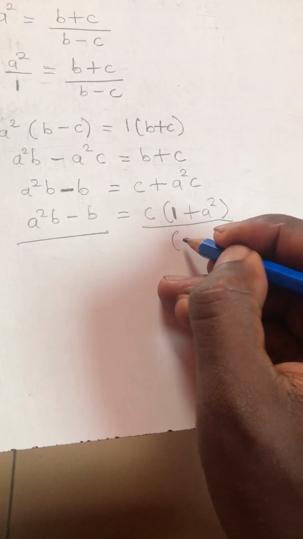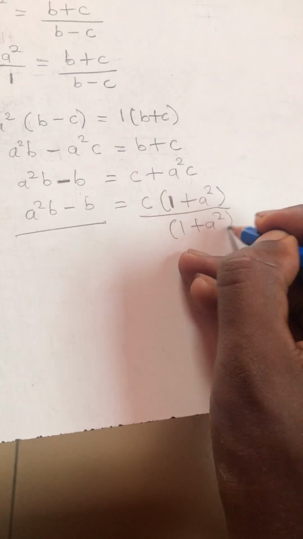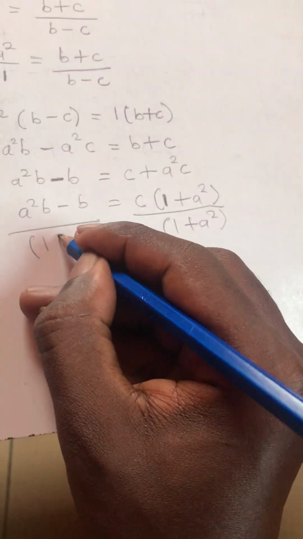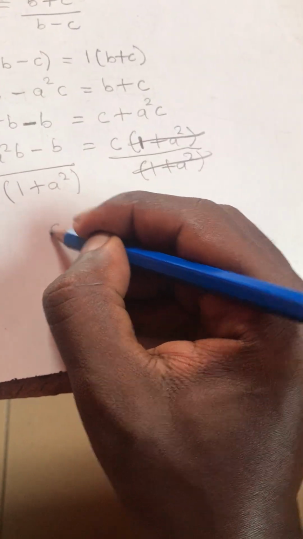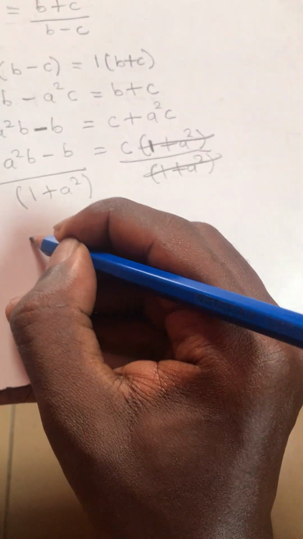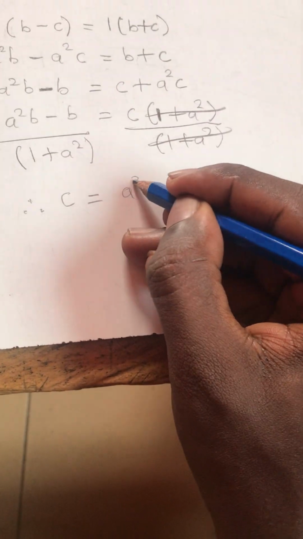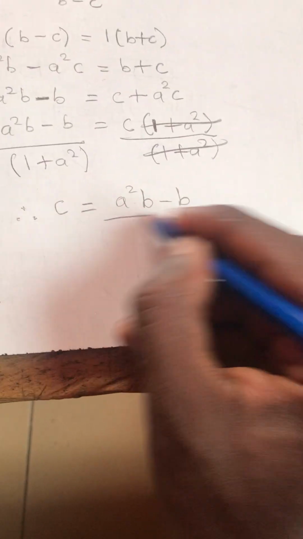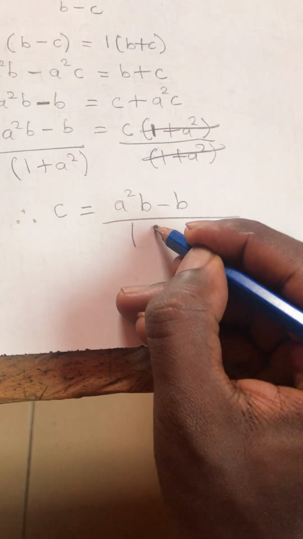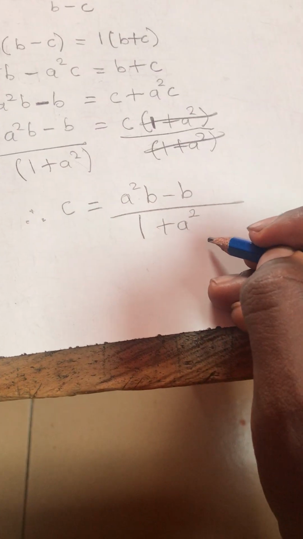So we divide each side by 1 plus a squared. So we cancel out. Therefore our c is going to be a squared b minus b, all over 1 plus a squared, as our final answer.